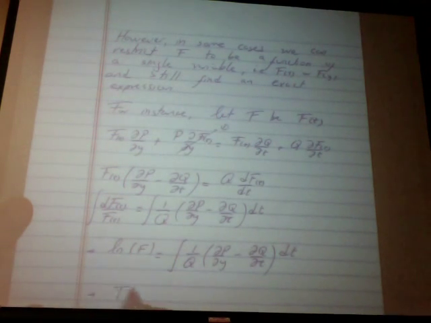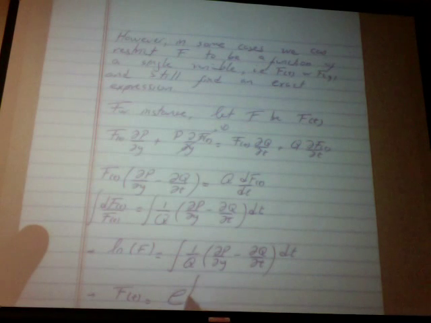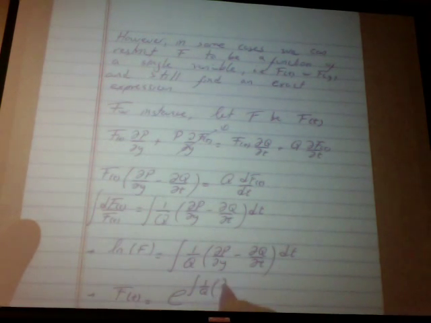And therefore f of t is equal to e to the integral of 1 over Q times dP/dy minus dQ/dt, dt. And this is the integrating factor.